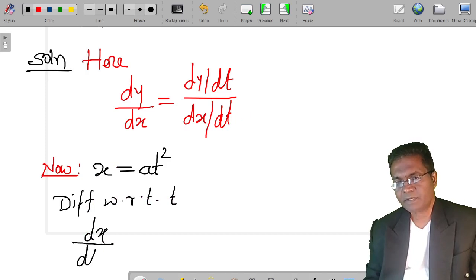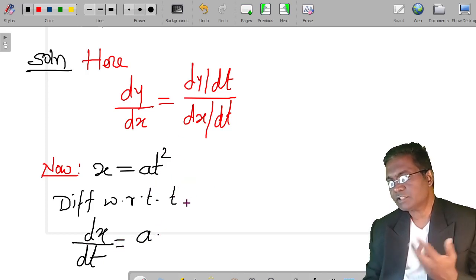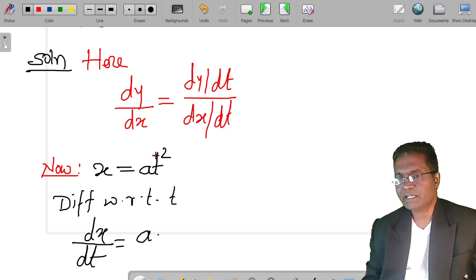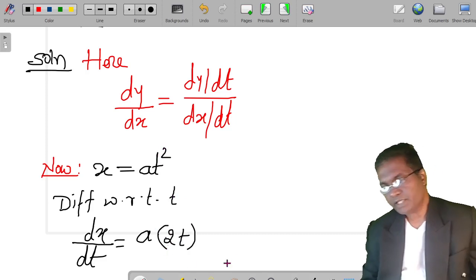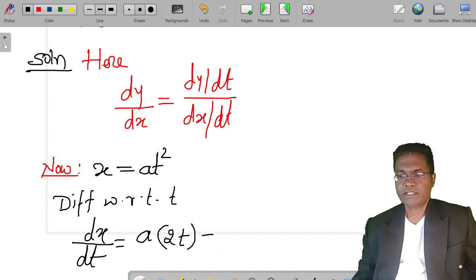So dx by dt is equal to a into, you are differentiating with respect to t. So like the derivative of x square with respect to x is 2x, similarly, the derivative of t square with respect to t is 2t. So you can write it as 2at.